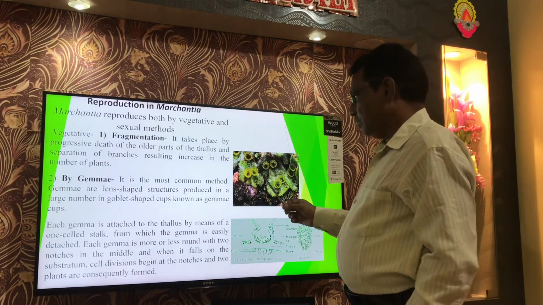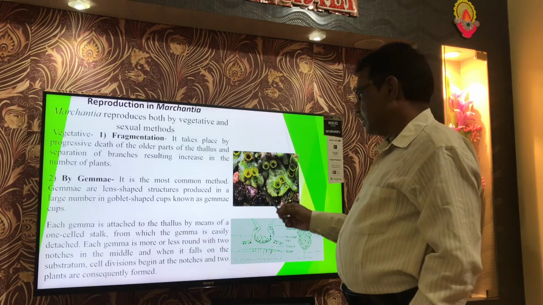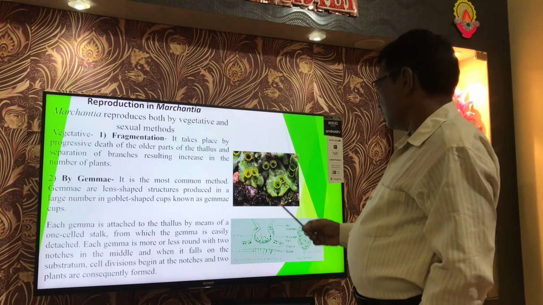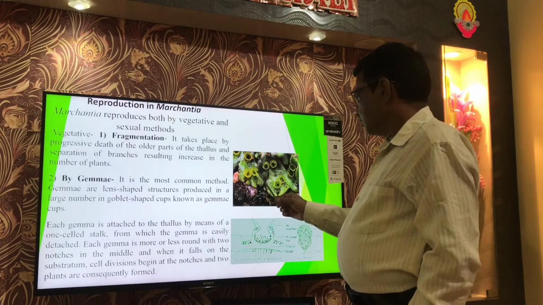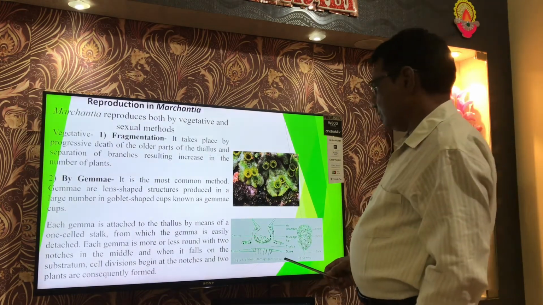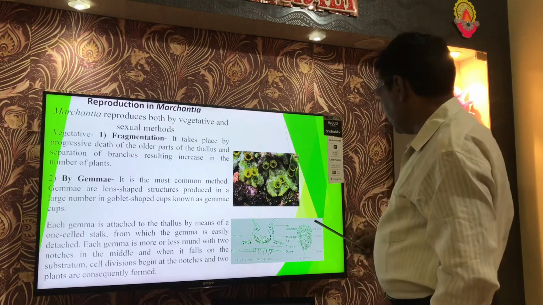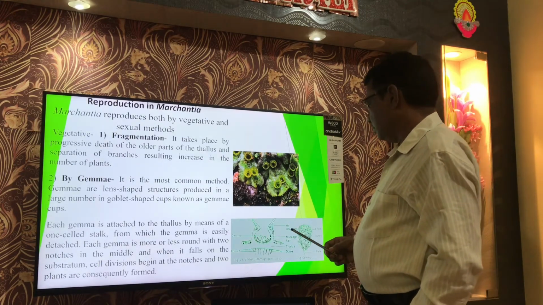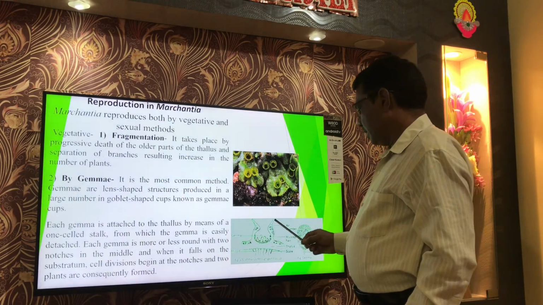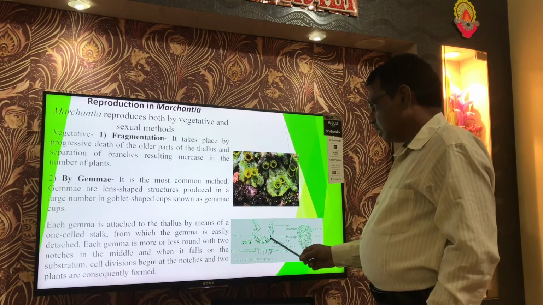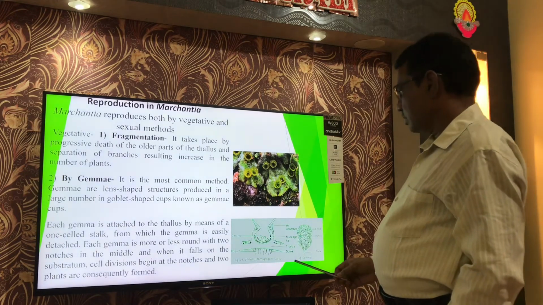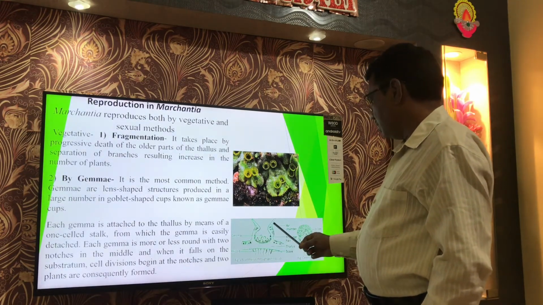Each such gemma is a lens-shaped structure. Singular gemma, plural gemmae, are lens-shaped structures, and they are produced in large numbers in a goblet-shaped or cup-like structure known as gemma cups.